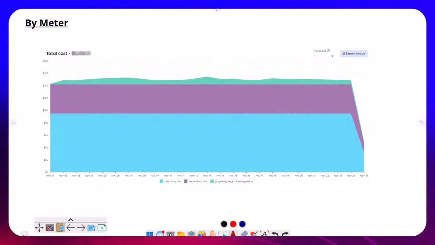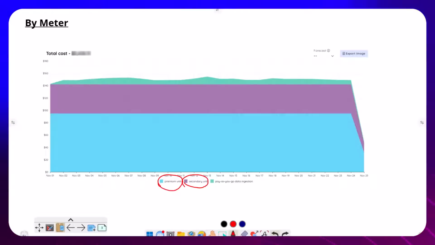Now, if we take a look at by meter, what's quite interesting is in this case there's developer and premium tiers of API management. I think there might even be a standard tier if I remember right as well, but the key thing to note is by meter we've got the premium unit and the secondary unit. These are the two costs on the premium tier because they have two nodes on this service.